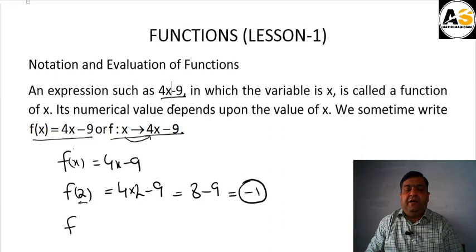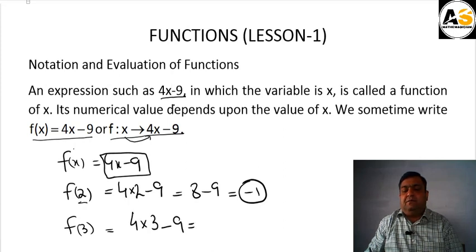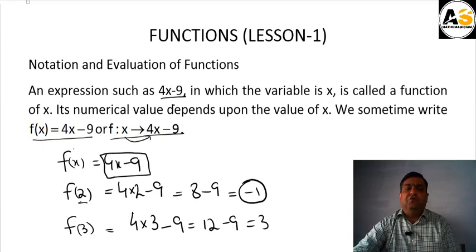Similarly, I can find f of 3. For that, I will be required to replace x by 3. This will be 4 multiplied by 3 minus 9, 12 minus 9 equal to 3. So 3 is the value of f of x at x is equal to 3.